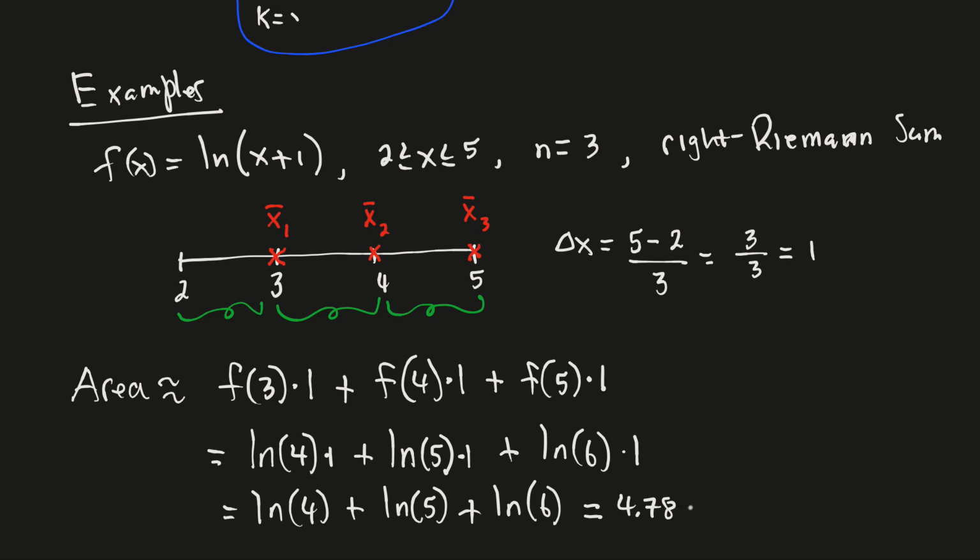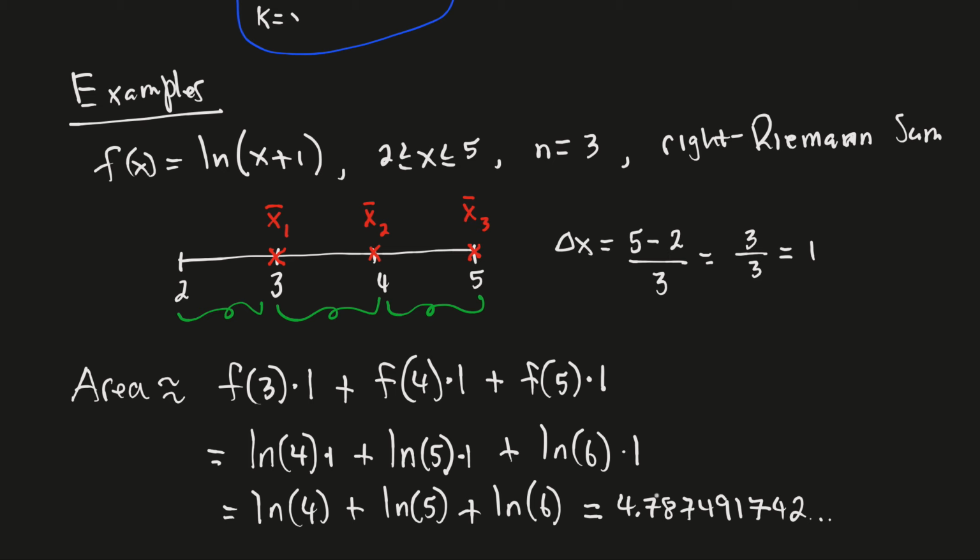I'm going to write all the digits that my computing device gives me, 742, and then it goes on, right? Because these are irrational numbers. They have a non-terminating, non-repeating decimal expansion. So this is the approximation of the area.